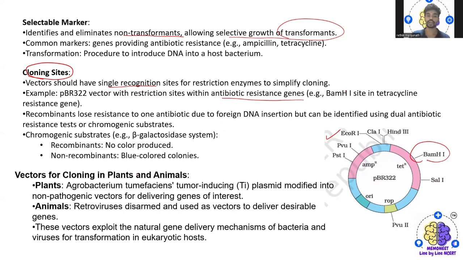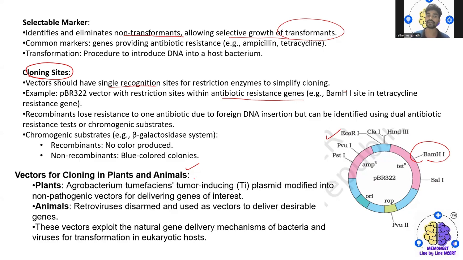Now, vectors for cloning in plants and animals. Normally for plants, we use Agrobacterium, that is the tumor inducing Ti plasmid, modified to be non-pathogenic as a vector for delivery of the gene of interest.